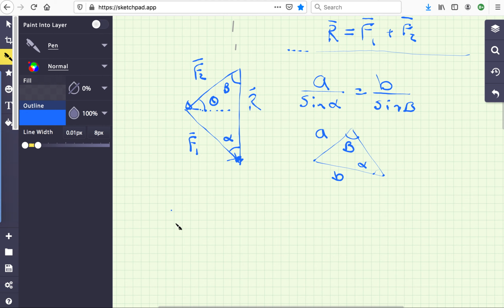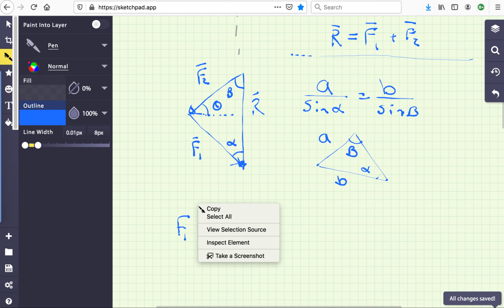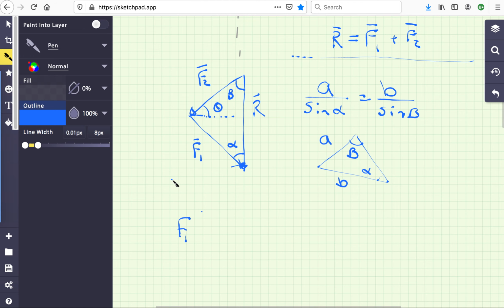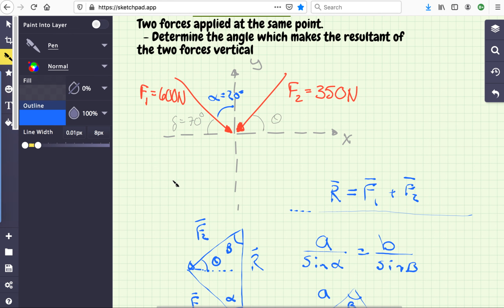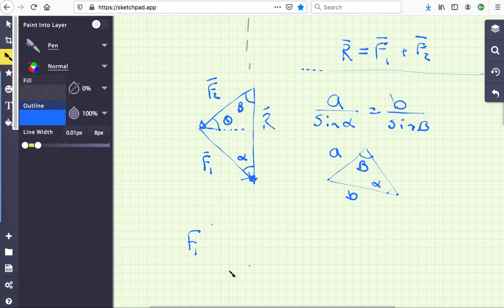So we can say F1, and we know F1 to be 600, divided by the sine of the angle opposite F1, which is this beta here, is equal to F2 divided by the sine of alpha.